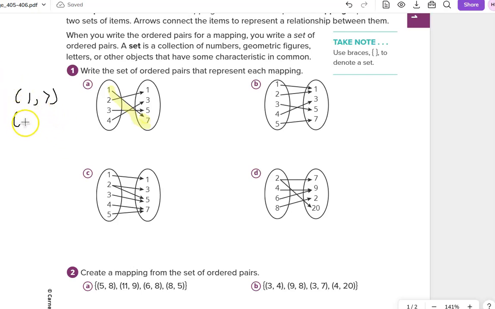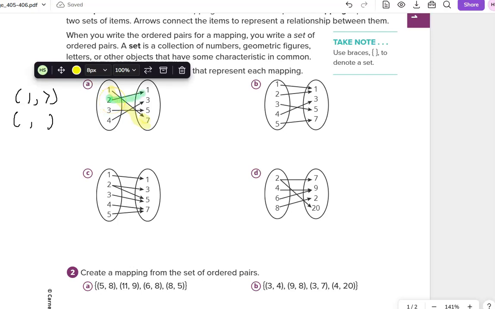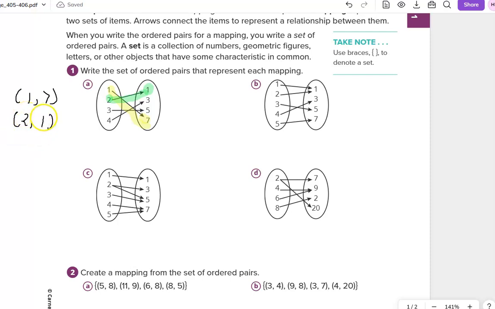Okay, the second ordered pair, I'm going to go with my second number, the 2. I'm going to follow its arrow, and it tells me what the output is when the input is 2. So when my input is 2, my output is going to be 1. Okay, my third ordered pair, I'm going to go with my 3.